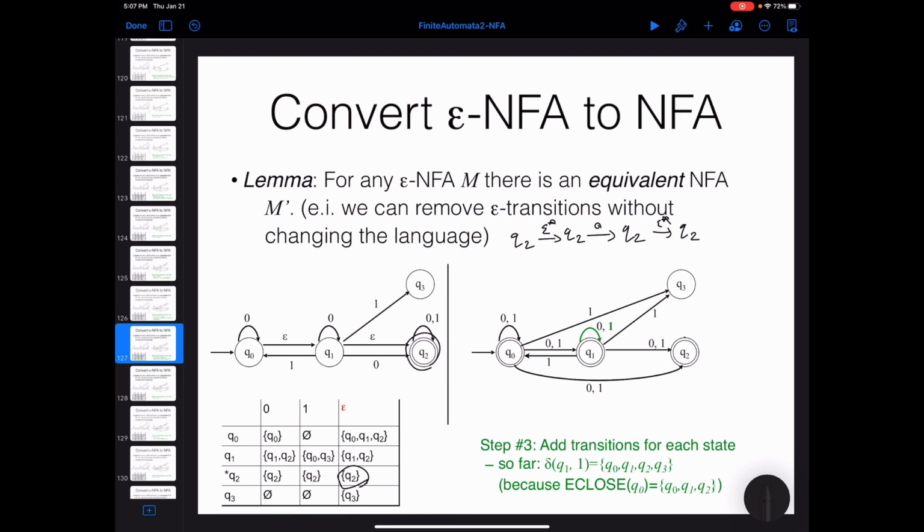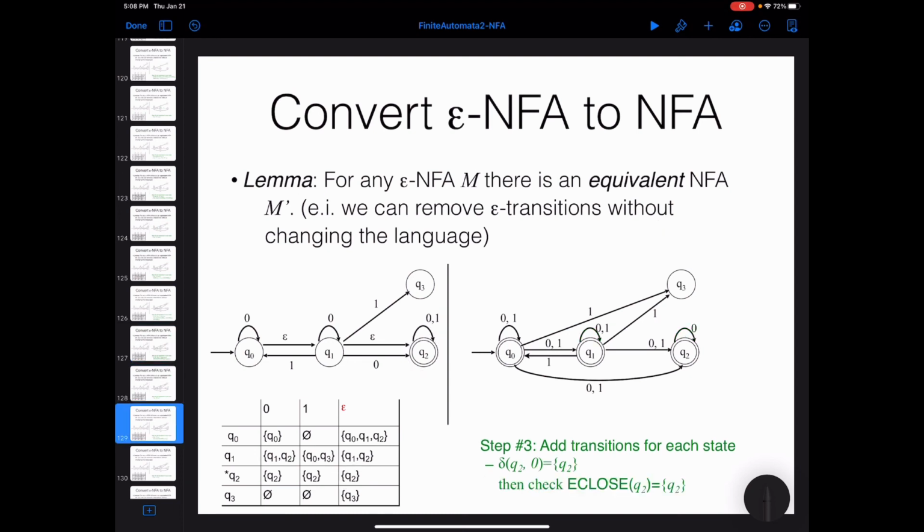So I do only have one transition of 0 over Q2. Apply the transition of Q2 with 1. Again, the epsilon transition is not going to give you anything more. The transition 1 is going to move you to Q2. Epsilon transition is going to still keep you at Q2. So I'm going to add one more transition here.